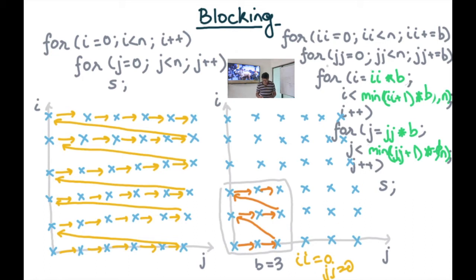Notice that in my original execution order, I would have executed 0, 3 after 0, 2, but in my new execution order, I'm actually executing 1, 0 after 0, 2. And once I'm done with the whole block, so once I've executed i equals 2 and j equals 2, I execute the next block, which is II equals 0 and JJ equals 1.